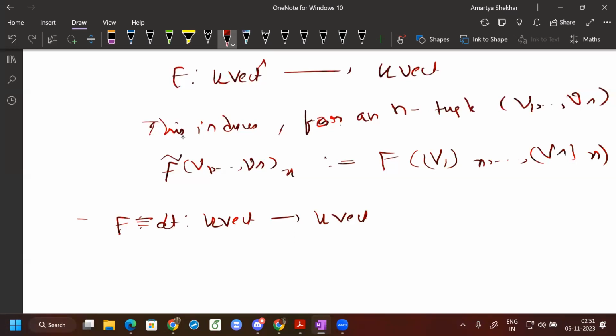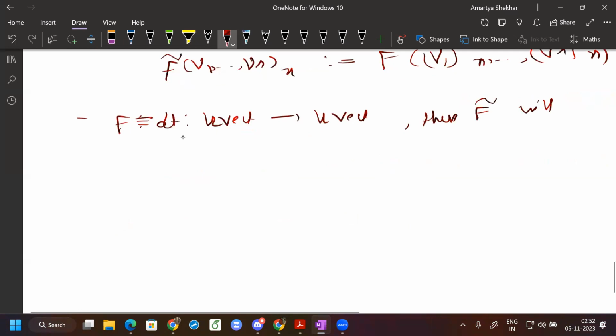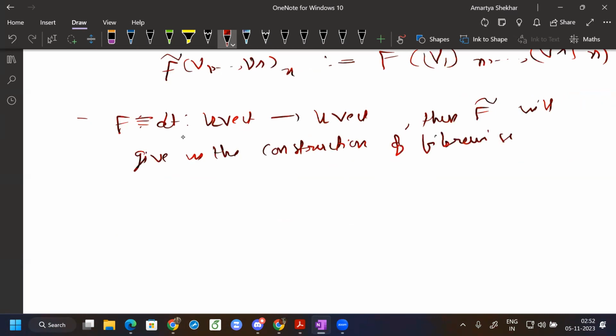Then F-tuple will give us the fiberwise determinant structure.